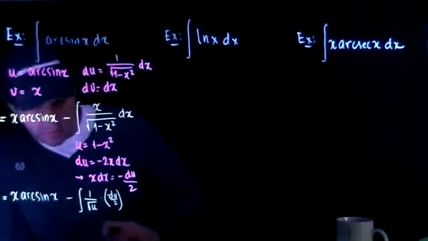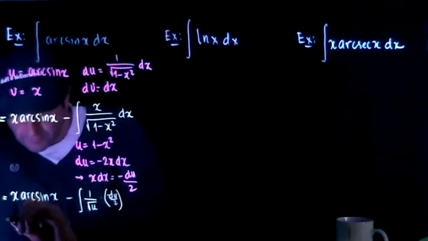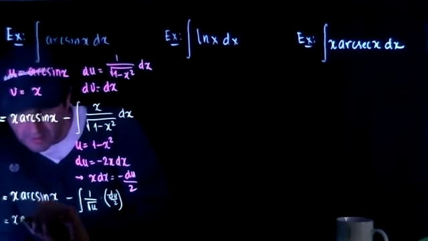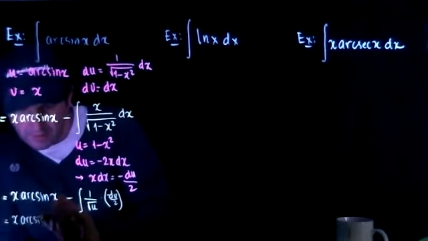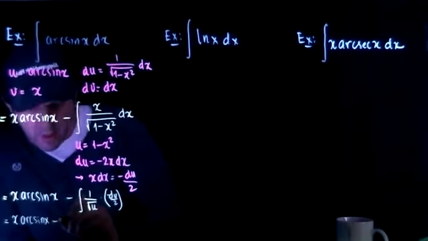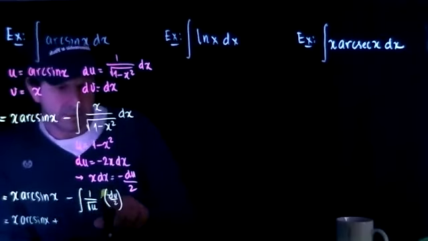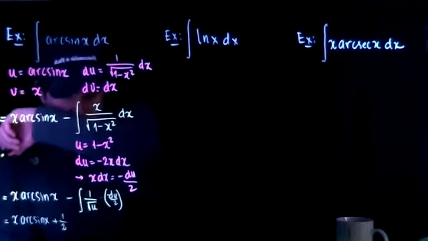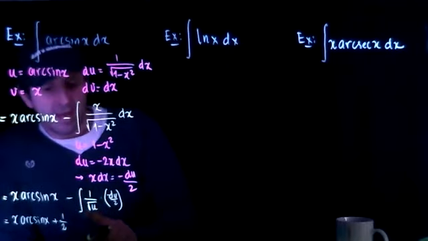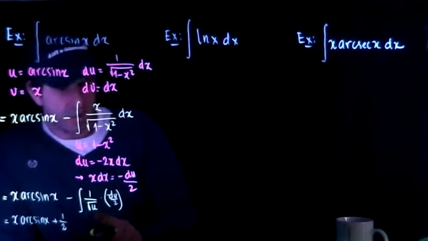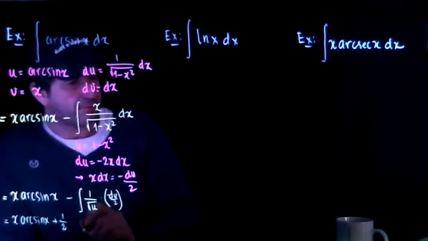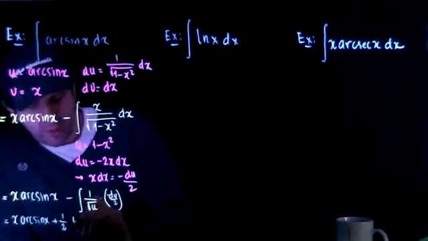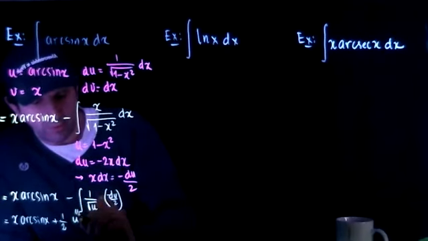So equals x arcsine of x plus, right, minus is plus, 1/2. And the antiderivative of u to the negative 1/2 is u to the 1/2 over 1/2.